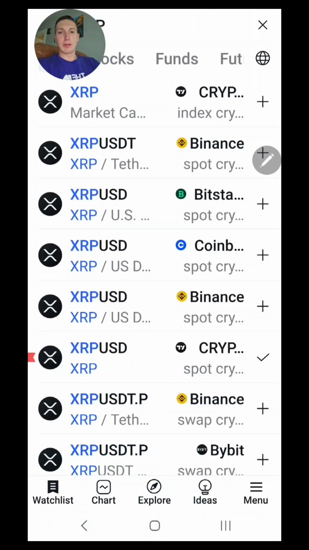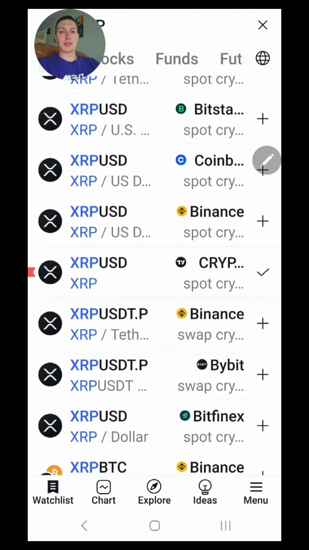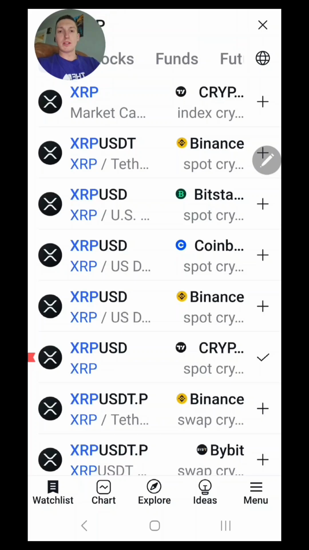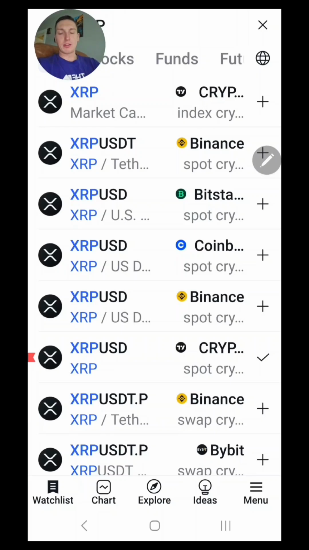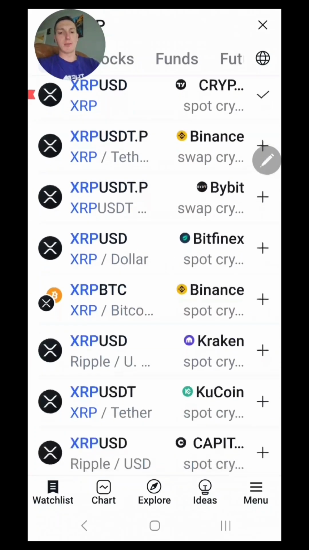It can get a little bit confusing, so just to sum it up for you, you want spot crypto. You'll see index crypto, swap crypto, but you want spot crypto. So they have Binance or Coinbase or the TradingView ones that you can pick.